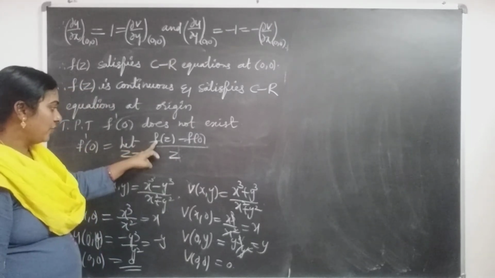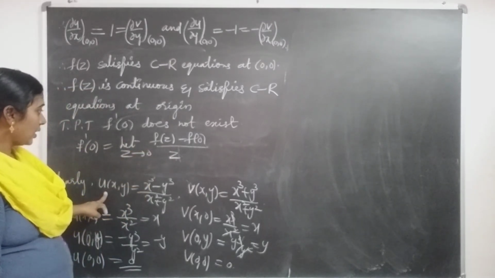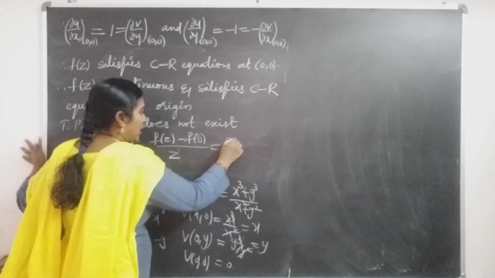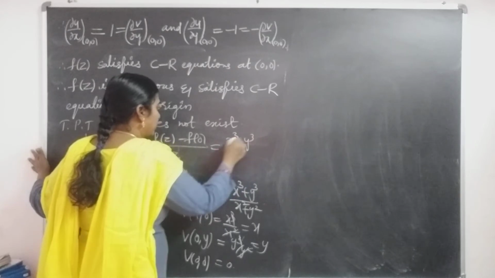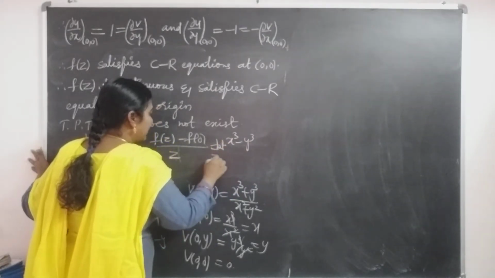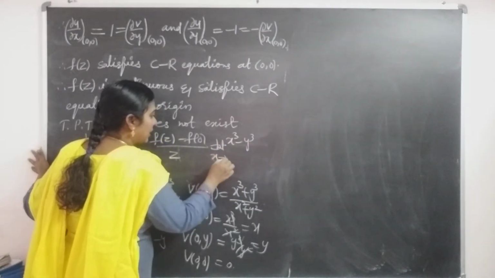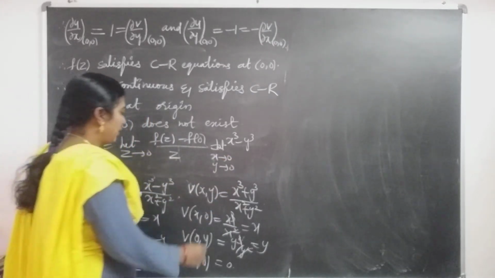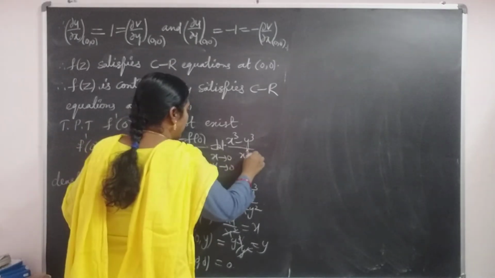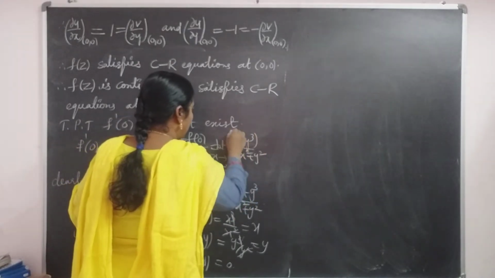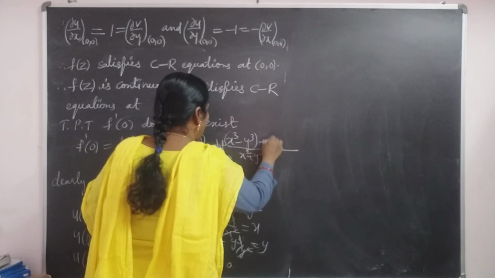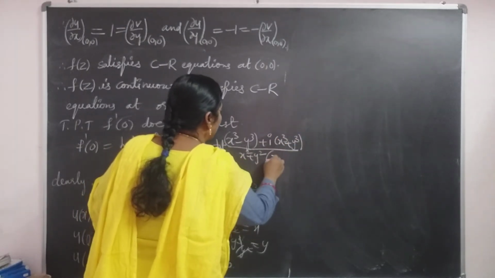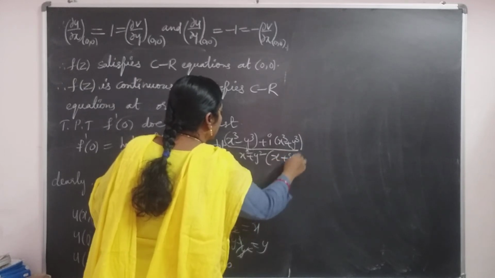Here f of z is equal to u plus iv, that is equal to limit z tends to 0, that is nothing but x tends to 0, y tends to 0, (x cube minus y cube) by (x square plus y square) plus i into (x cube plus y cube). z is nothing but x plus iy.